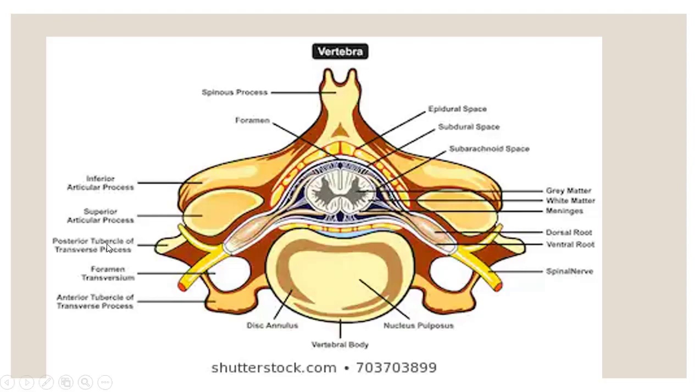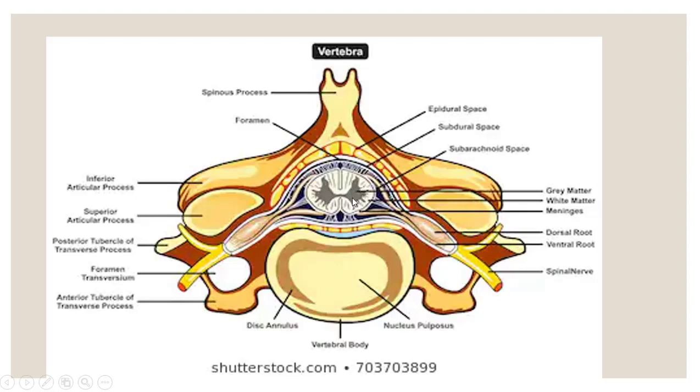It is divided into two halves, dorsal and ventral, separated by this big fissure. It's formed from two layers, an inner layer and an outer layer. Like we show here, the inner layer is called gray matter due to its color.